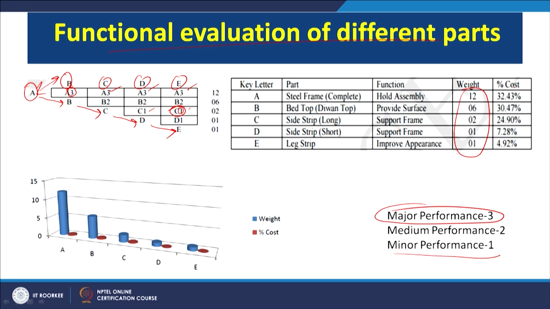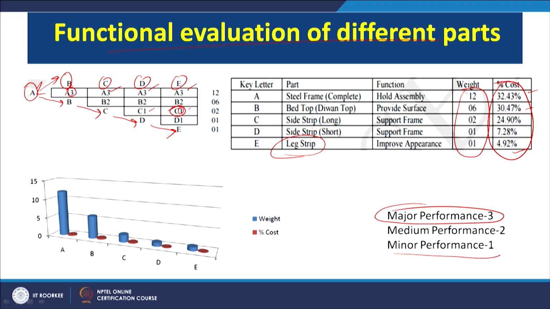We can see the contribution of cost also in the overall product. Steel frame has maximum cost, then bed top next to that, and the leg strips have the minimum contribution to the cost. So here also we can get the rankings.